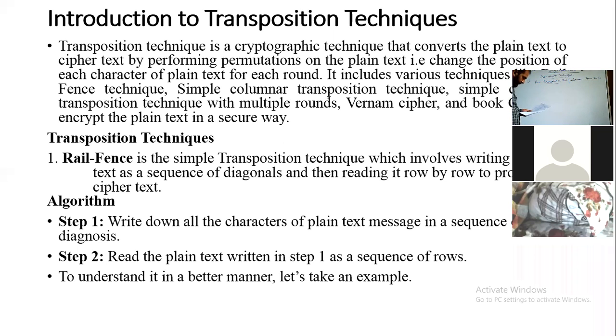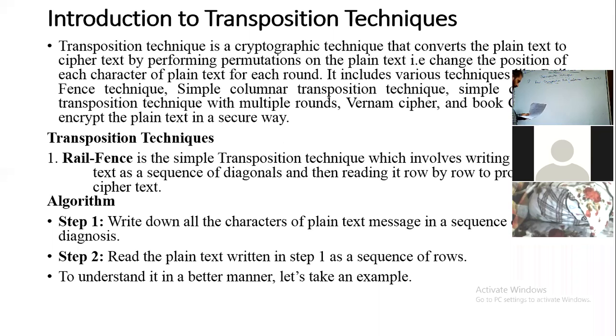But permute the order of columns. What does it mean? This means we have to shuffle the columns. In this technique, row transposition technique, we have a key.